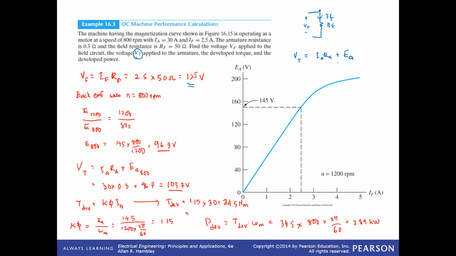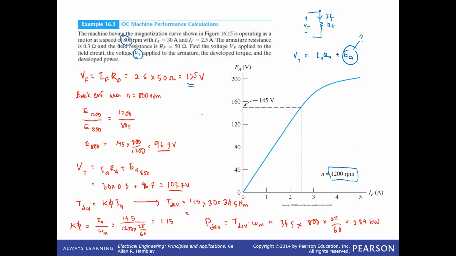Right now the speed of the motor is 800 RPM, but EA for 800 RPM we don't know. The only information that we obtain from this graph is 145 volt, but this is when the motor is rotating at 1200 RPM. So to get this VT, we need to find the voltage induced when the motor is rotating at 800 RPM.